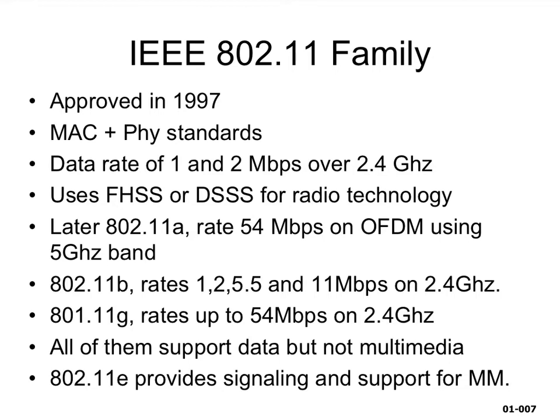So the base 802.11b supports up to 11 megabits per second. And this is actually over 2.4 gigahertz. What does that frequency mean? This means that this is the carrier frequency around which these standards actually work.